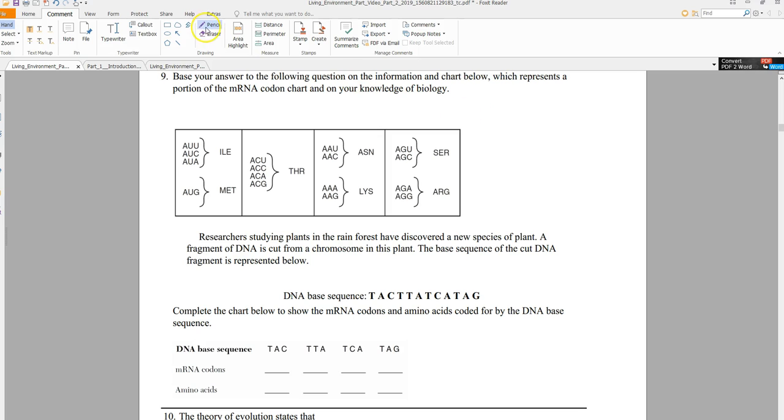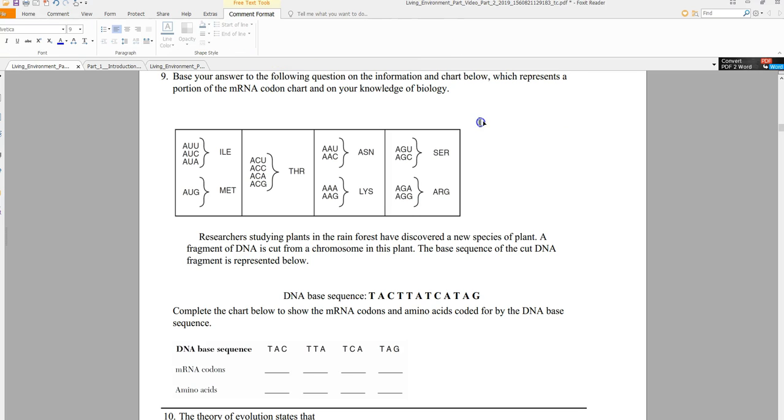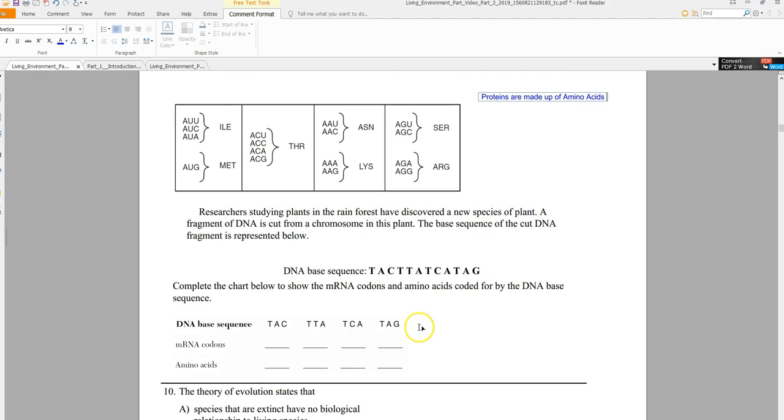Because remember that proteins are made up of amino acids. So at the end, when you get the DNA, you get the messenger RNA, and then you get the amino acids. This over here is going to be a complete protein. So let's get started.